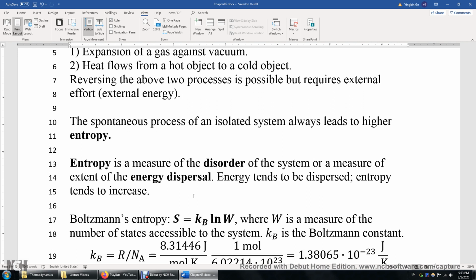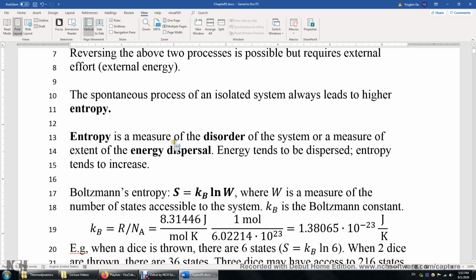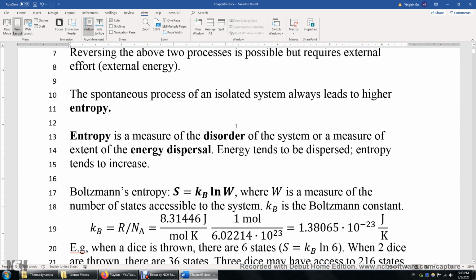And it does increase the entropy of the universe, assuming the universe is an isolated system without external energy. Entropy is a measure of the disorder of the system or a measure of the extent of the energy dispersal. We'll talk about this later. Energy tends to be dispersed, and entropy tends to increase.